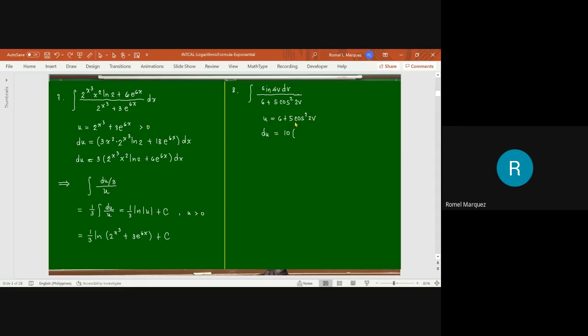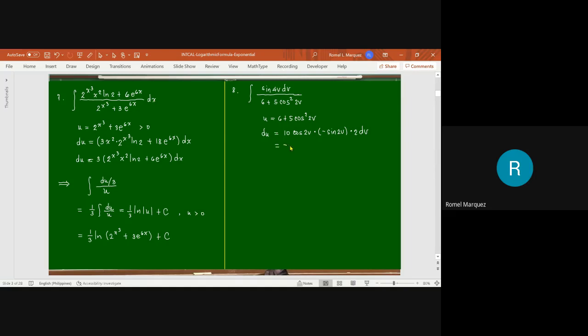So again, drop the exponent, copy the base, subtract 1 from the exponent, and get the derivative of the base. There is one more derivative: times 2, which comes from the 2v. Okay? dv.